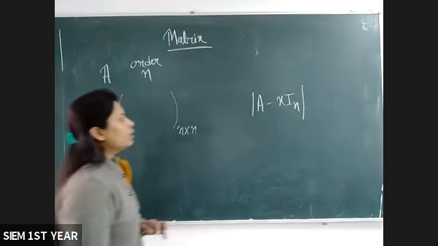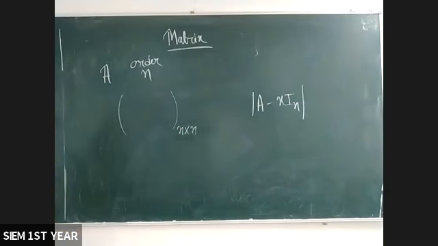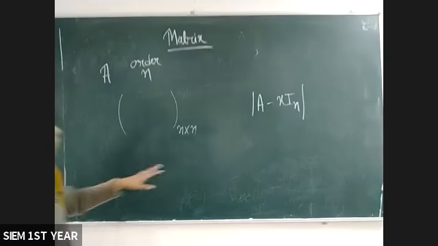is called the characteristic polynomial. First, just write down the definition only. Then, when I consider the problems, you can easily understand what the determinant of A minus x I n is. What is I n?